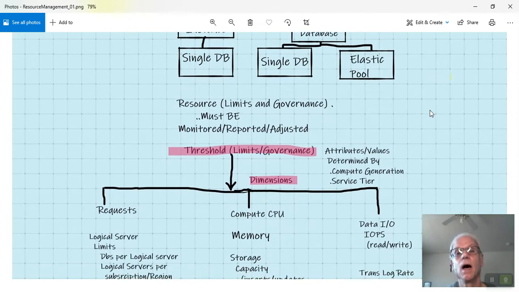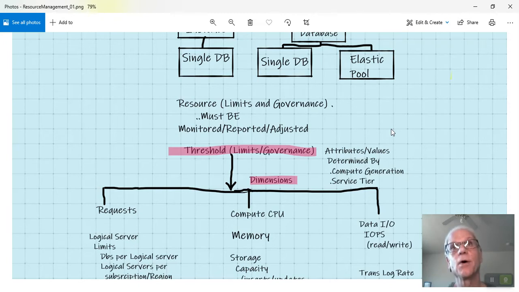When you design a system within a single database or elastic pool, you have to assign resources, and the resources have certain limits associated with them according to compute generations that are predetermined. So, for instance, a Gen 5, Gen 4, those are compute generations that equally as well belong to a service tier that have limits assigned to them, and you build your system within those limits.